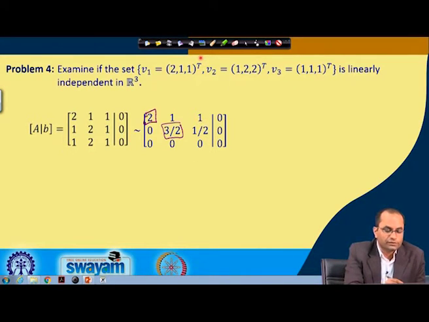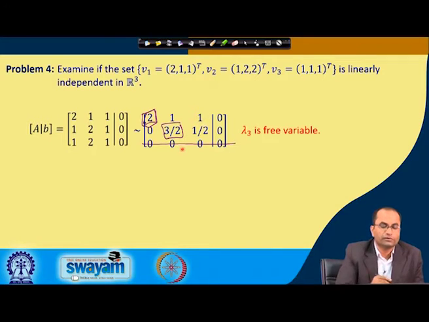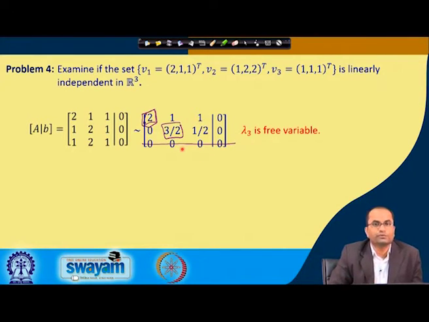So, we have these 2 pivot elements here, this is the 0 row, and what do we conclude now? We have a free variable, lambda 3, corresponding to column 3, which we can choose whatever we like.